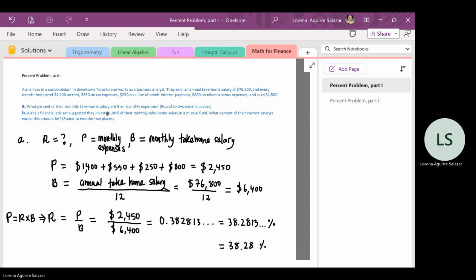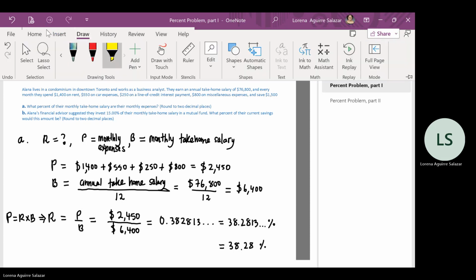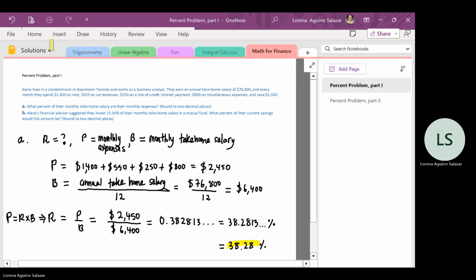All right. 38.28% is the answer to part A of this problem. Let's move on to part B.